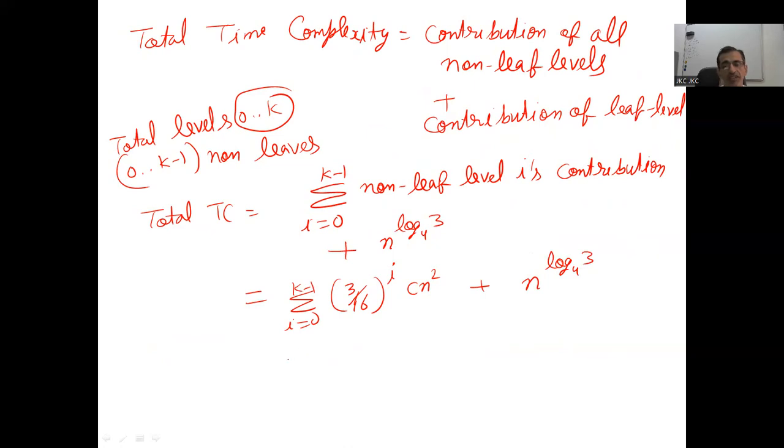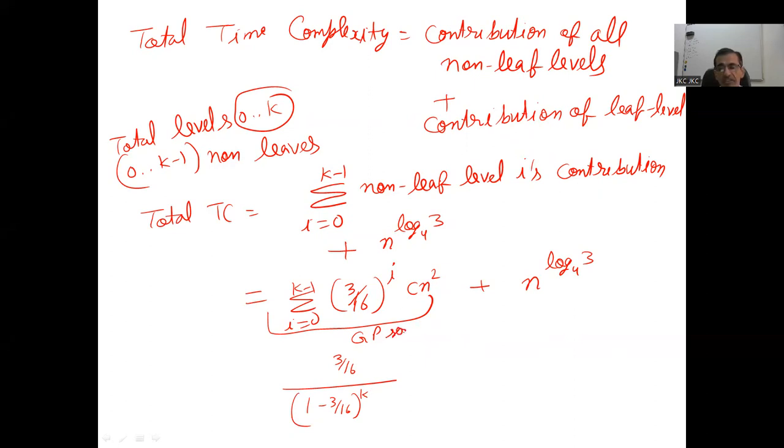Now I have to solve this. So this 3 by 16 is a kind of GP series. You can calculate its summation will be a, that is 3 by 16, divided by 1 minus 3 by 16 raised to n. N means k, the total number of terms in the GP series.